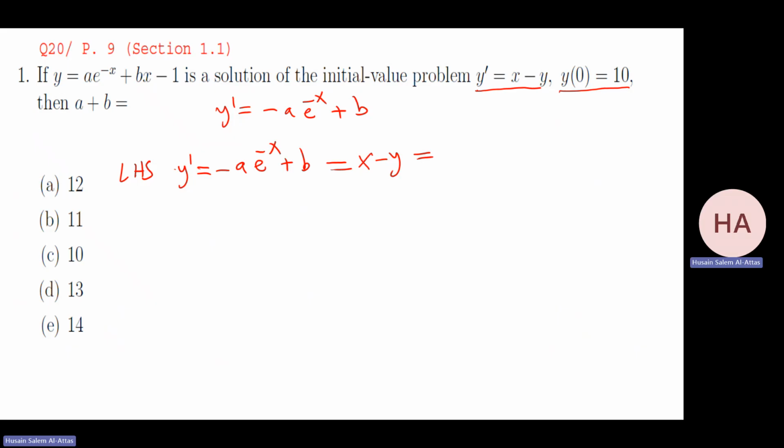That will be x minus y, minus this, minus a is minus x minus bx plus 1. What I'm doing is just substituting. Now I need to solve this equation. Let me rewrite it, and that will be very clear to me.